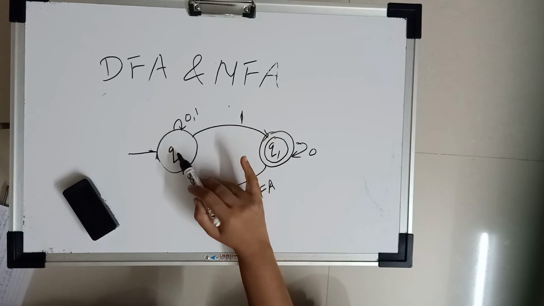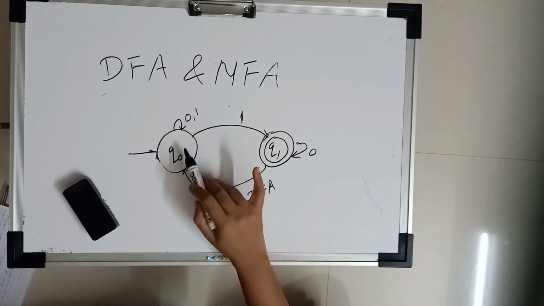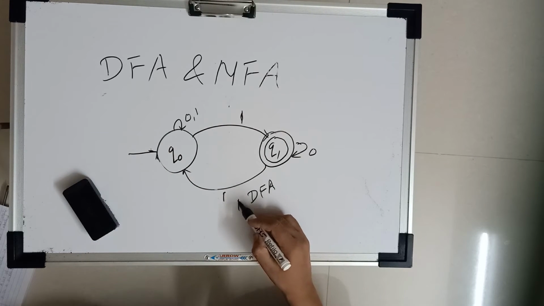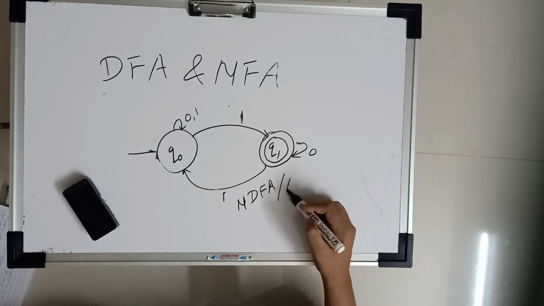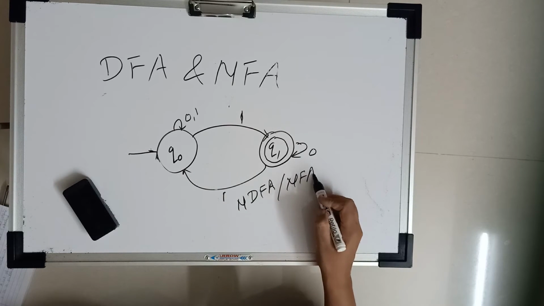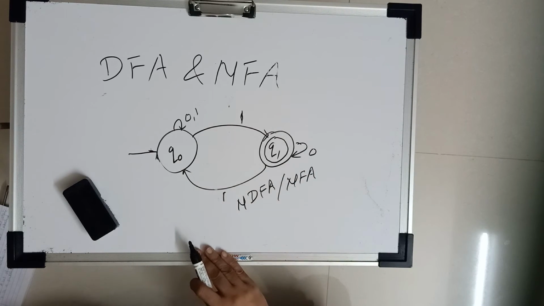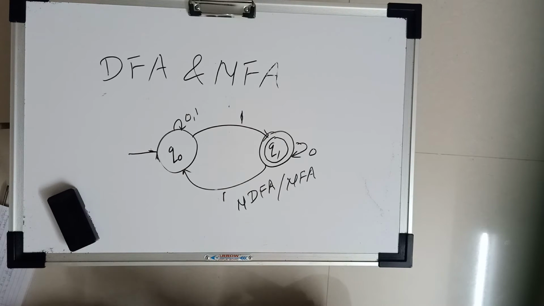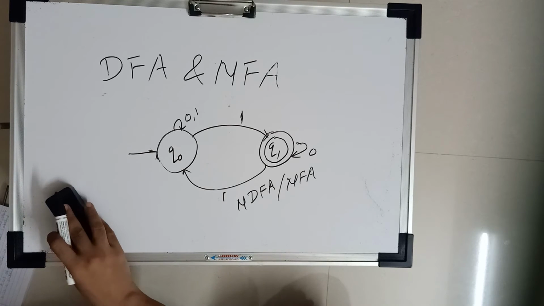First transition is Q0 goes to the same state for 1, and Q0 goes to Q1 for 1. It means this is NFA. So this is the difference between DFA and NFA. The difference is in delta, it means your transition table will be different.